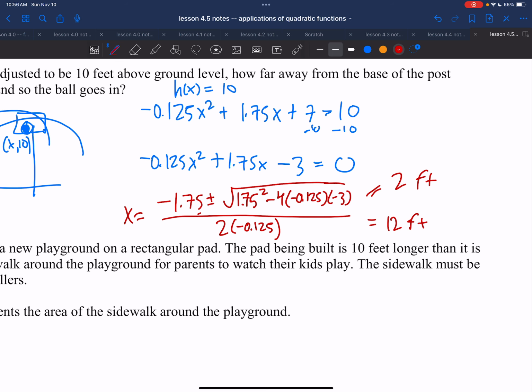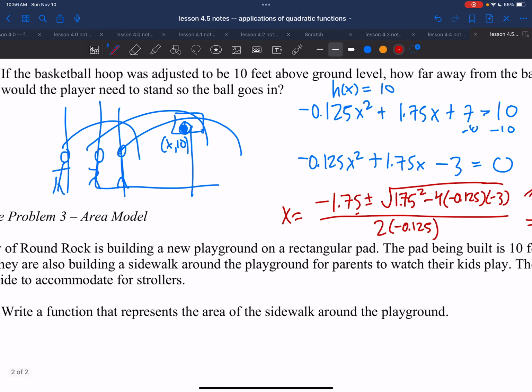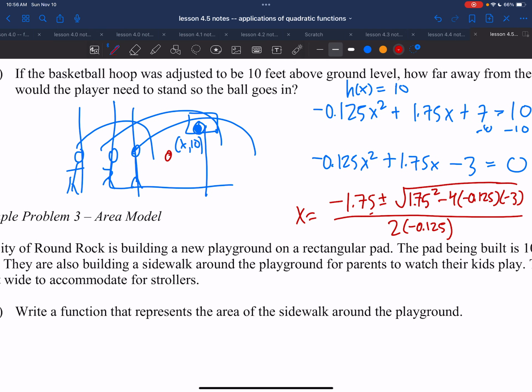And I'd say, well, think about this. It's saying that it's going to happen at 2 feet or at 12 feet. But if he's standing at 2 feet, what that actually means is he's thrown the ball up, because this point is 2 comma 10. And then it comes down at 12 comma 10, right?